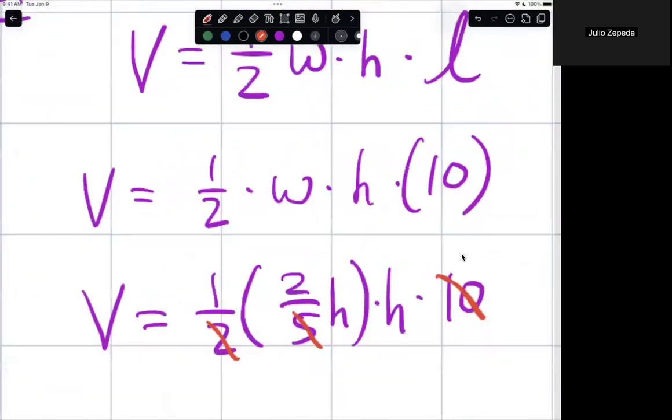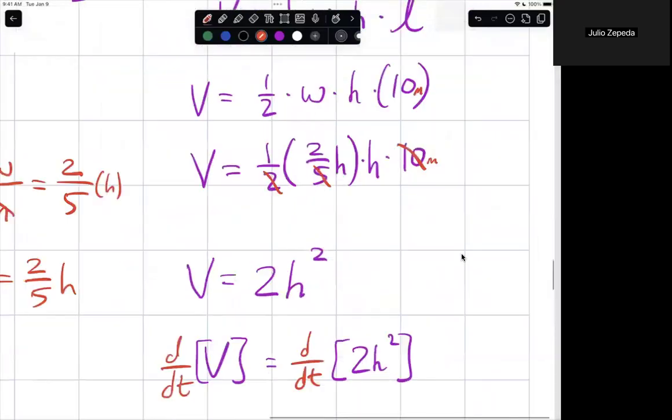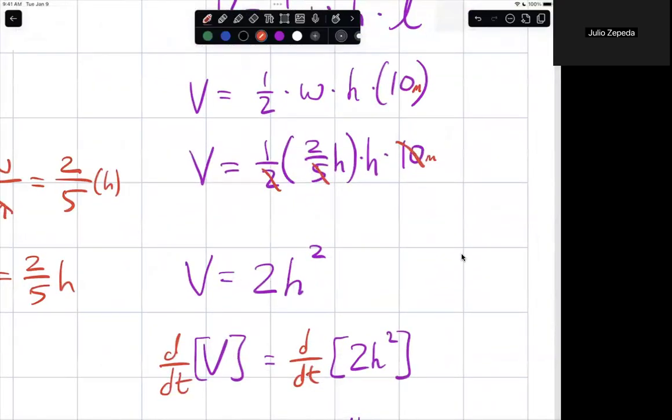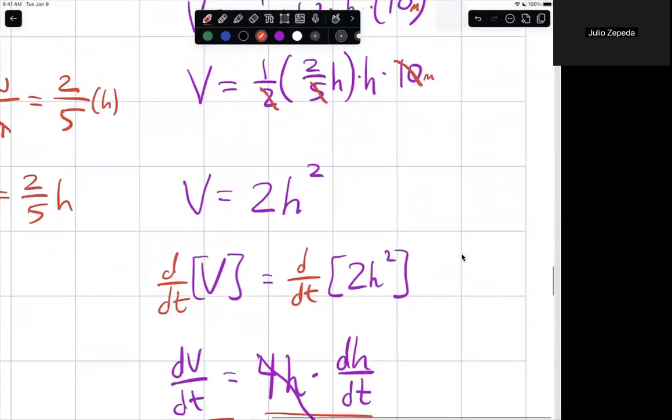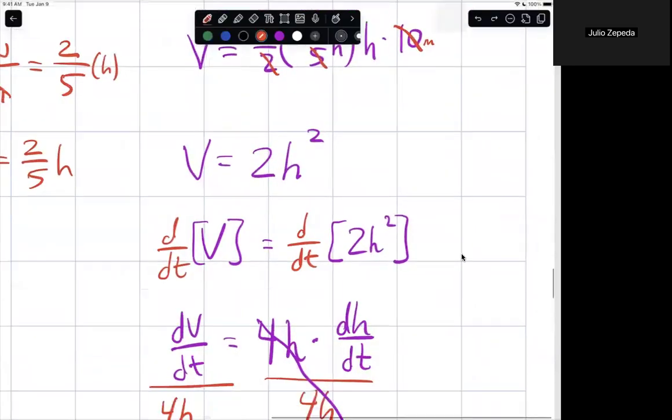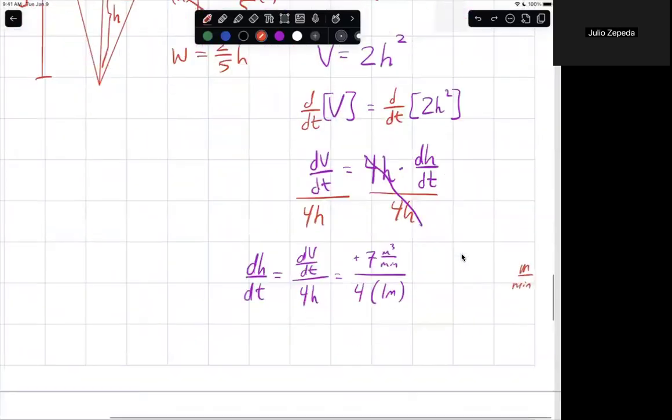We said this 10 here had units of meters. So when we combine the 10 with a 2/5 and the 1/2, we got a 2. This 2 has units of meters. So this 2 got multiplied by 2 and the derivative became a 4. So this has units of meters as well.